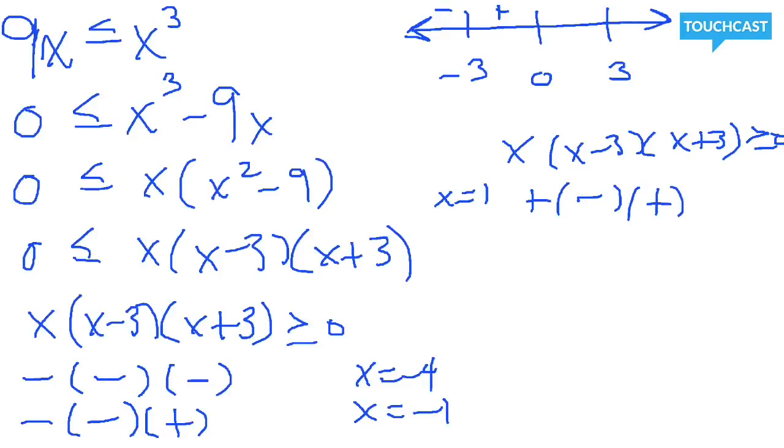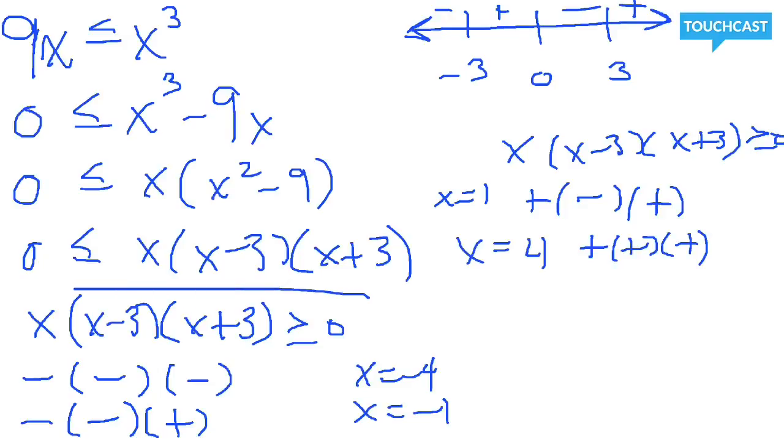So I'm going to multiply two positives by a negative. That's a negative result. If I let x equal something bigger than 3, I'm going to have a positive times a positive times a positive. Positive result.